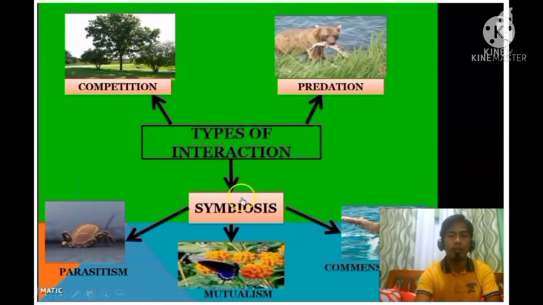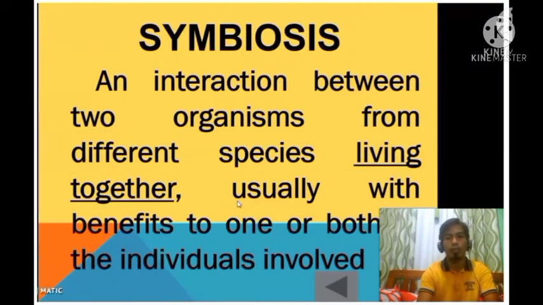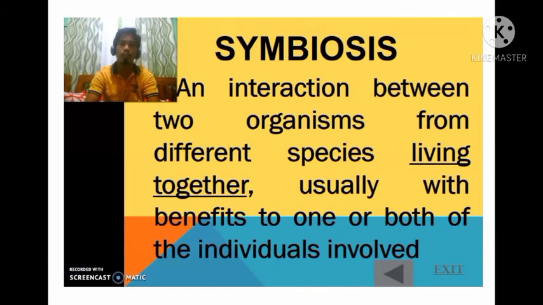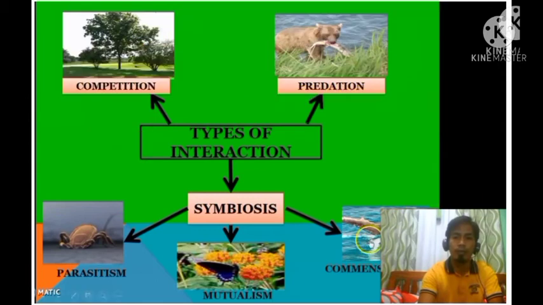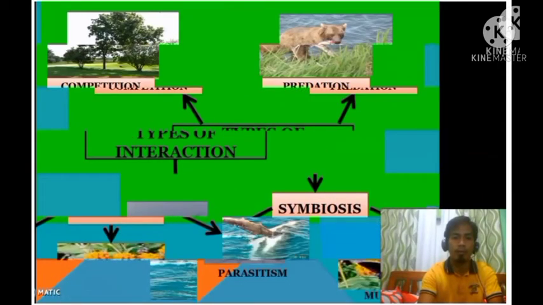Let's have symbiosis. Symbiosis is an interaction between two organisms from different species living together, usually with benefits to one or both of the individuals involved. We have three types of this. Let us first have commensalism.